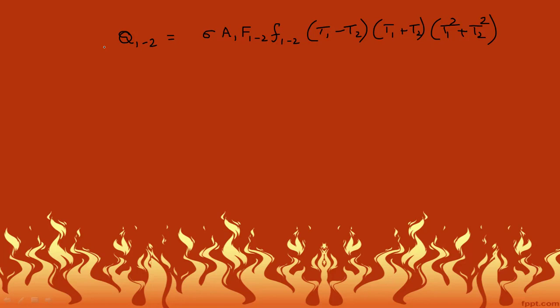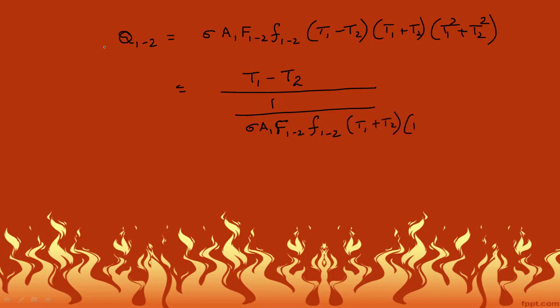Why we have written it like this is in order to get this particular expression: T1 minus T2 divided by 1 by sigma A1 capital F1 to 2 small f1 to 2 into T1 plus T2 into T1 square plus T2 square.